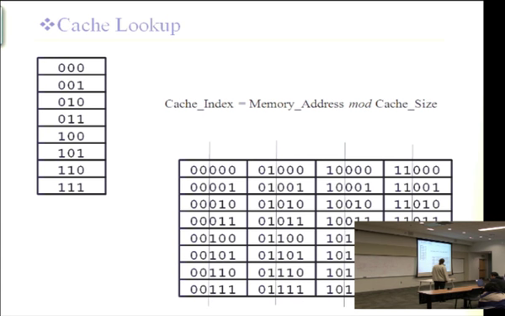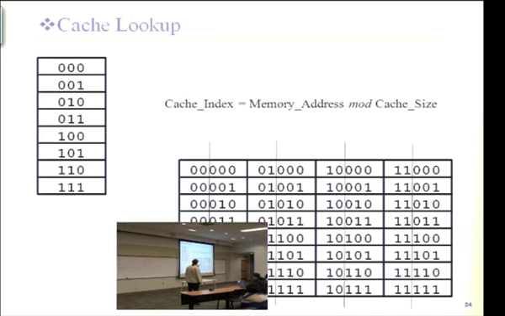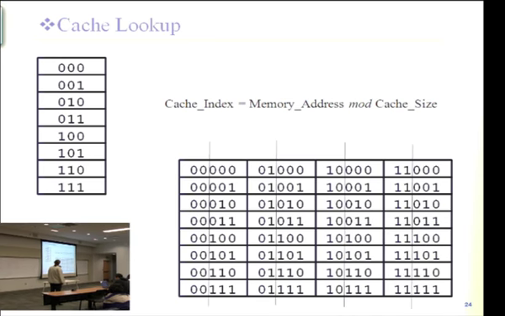You can see the last 3 bits are always the same. What is different are the first 2 bits, right? So our indexing in the cache would go 0, 1, 2, 3, and so on. And you can determine the index by taking the memory address mod cache size.